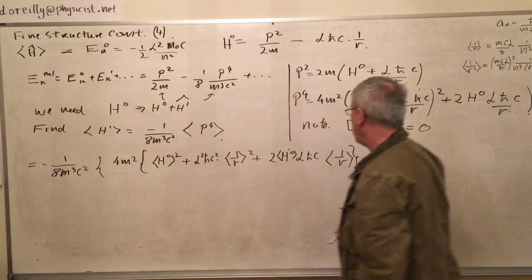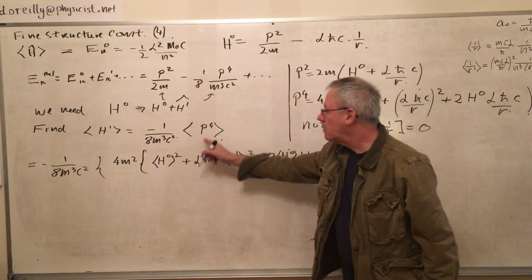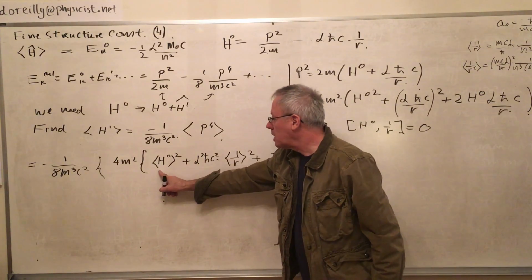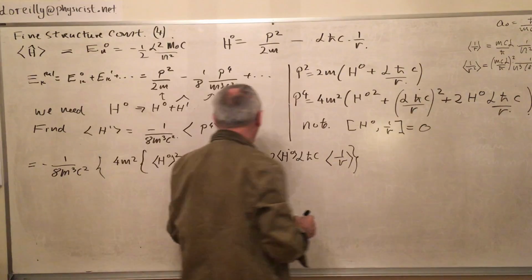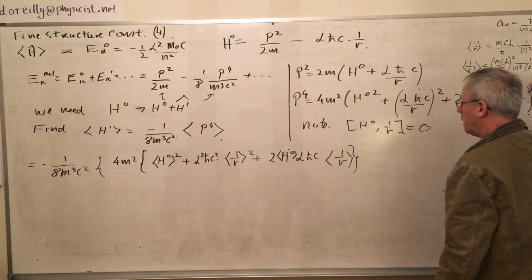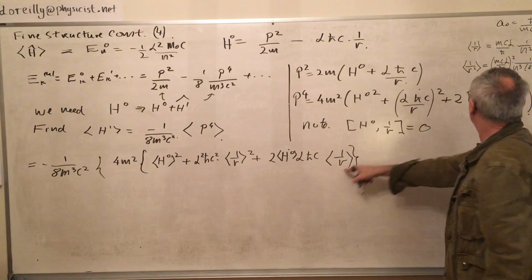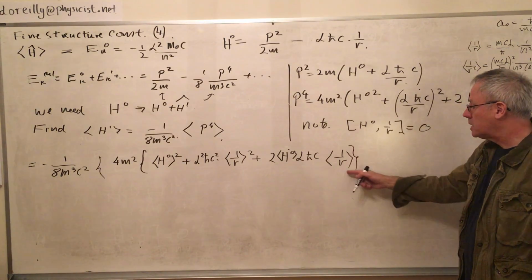I think I've written it properly now. I've just substituted in this for p to the 4th. Now every time I get an expectation value for a h0, this is the quantity I get. And when I get an expectation value for 1 over r squared, this is what I get. When I get an expectation value of 1 over r, this is what I get. Now all I'll have to do is substitute all these objects in here.